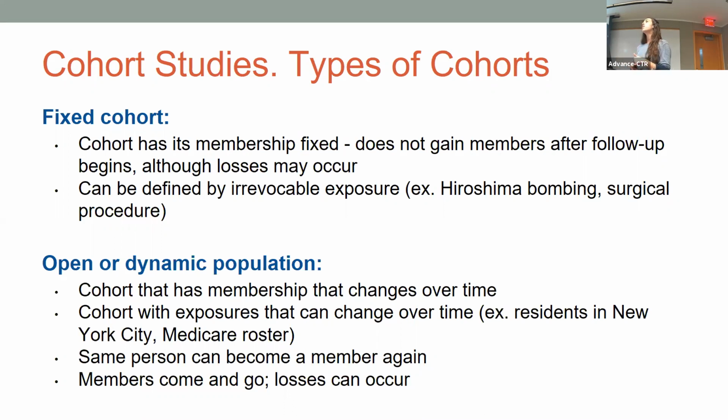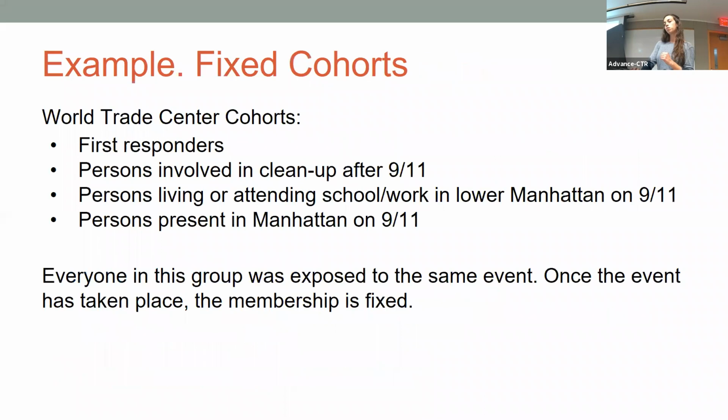And a fixed cohort can also be defined when some sort of exposure that can never happen again or is likely to never happen again occurs. So we'll go through some examples of that. An open or dynamic cohort has a membership that is much more dynamic. It changes over time and people can come and go. And so we're going to discuss some examples of that too.